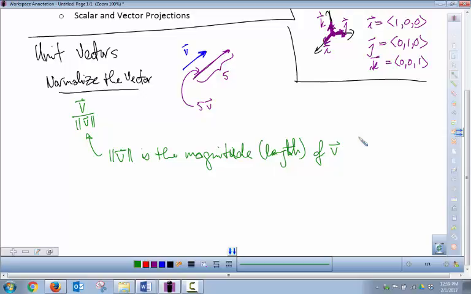And what we can do is just do a simple example and see how it works. So let's look at a vector in 3D. 1, 2, 3. How do you find the magnitude of a vector? So the magnitude is the length.